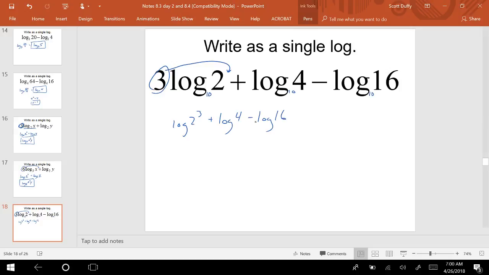When it subtracts, divide. So what we can do is say it's log of 2 to the third times 4 divided by 16. And then we can simplify. Log of 2 to the third is 8. 8 times 4 is 32. 32 divided by 16 is 2. So it will just be the log of 2.